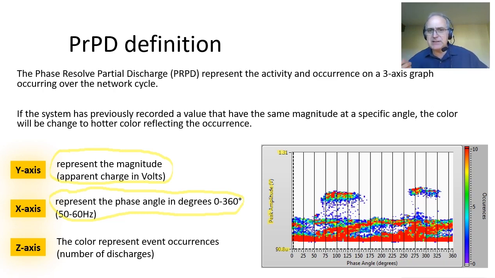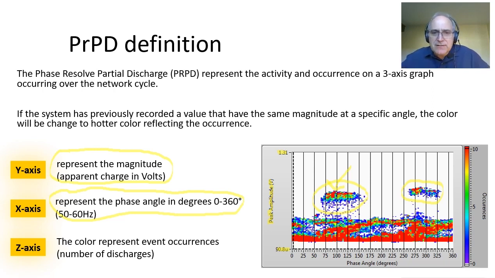It means that the activities over the cycle are repeating. So on the example over here, we can see that this spot of activity and this spot over here repeat over time because of the red color that gets hotter on those spots.